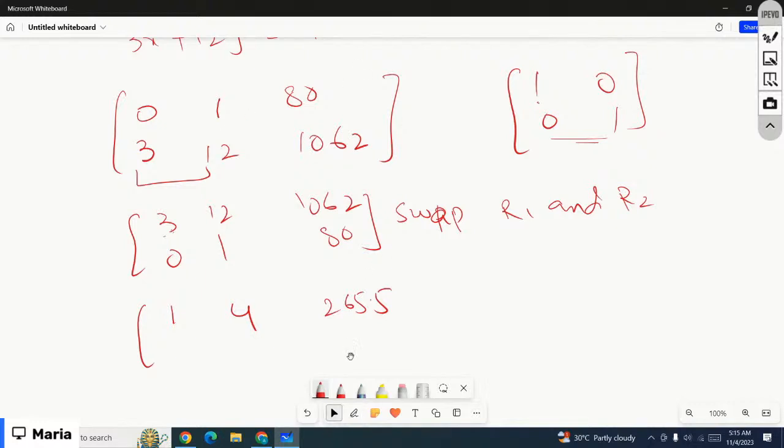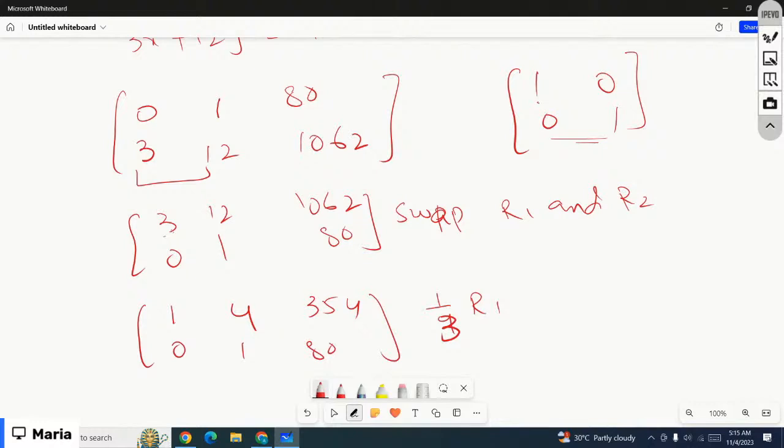Sorry, not 265.5. Then 0 1 80. What I did, I simply divided r1 by 3, right?